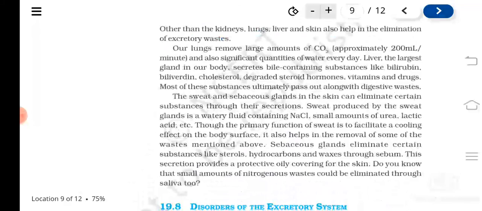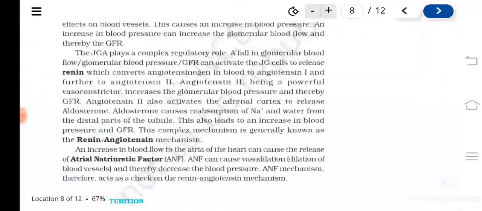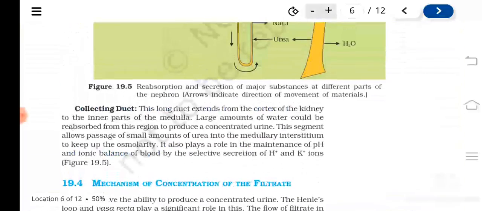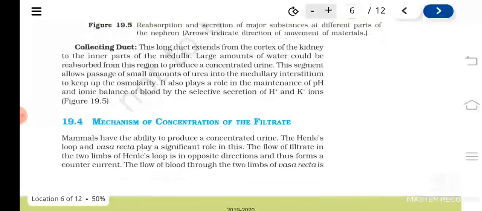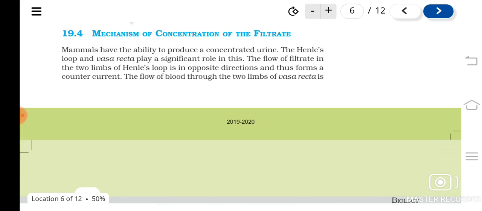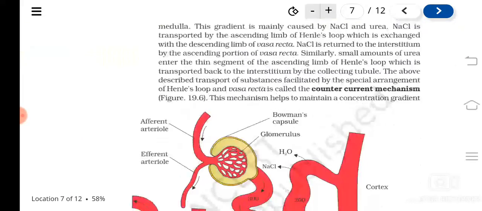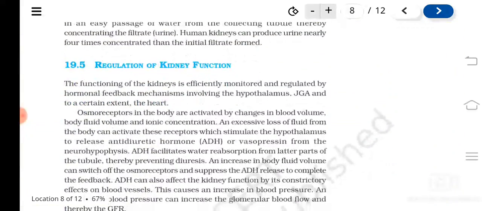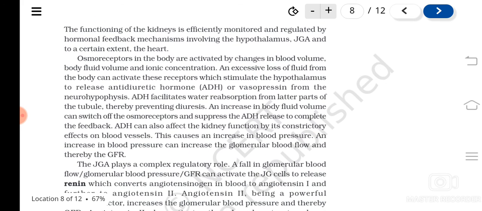Understood? So I think this chapter is very clear. In this video we have learned about the mechanism of the countercurrent system, which helps in concentrating the glomerular filtrate. Then we learned about regulation of kidney function in three ways. One is by ADH, antidiuretic hormone or vasopressin.